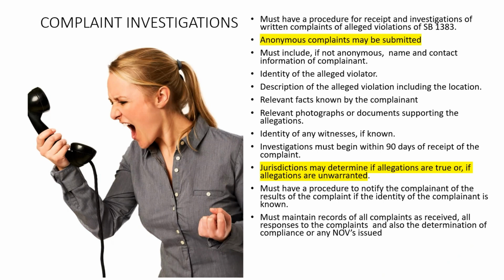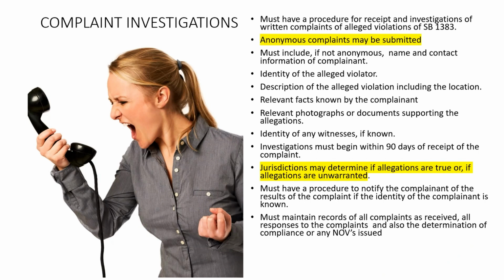So that's one way that you can initiate a complaint about SB 1383. Complaints can be anonymous, so people don't have to put their name. They just have to be quite detailed about what an entity or resident is not doing regarding SB 1383.